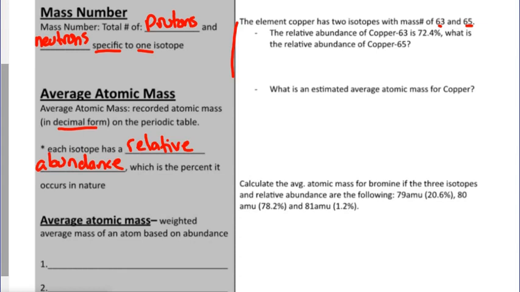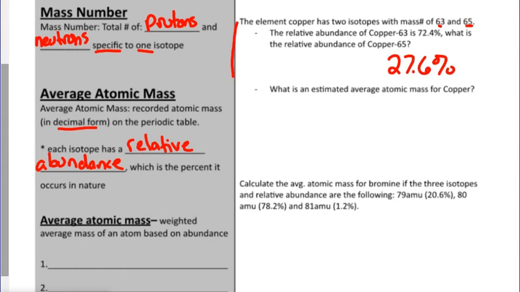What would the relative abundance have to be for the other isotope if there's only 2 isotopes in existence? Well, the remaining 100% has to belong to copper-65. So then that would be, let's see, quick mental math, 27.6%. Right? So in total, all of the isotopes add up to 100% of the existing copper in the world.